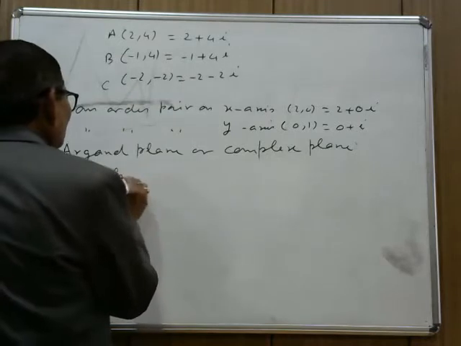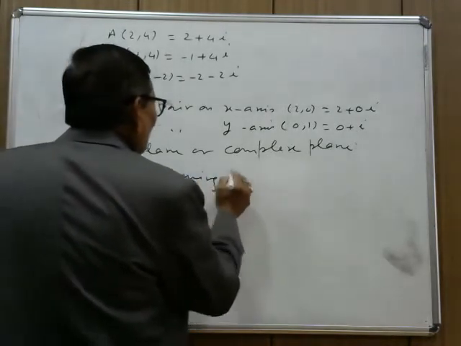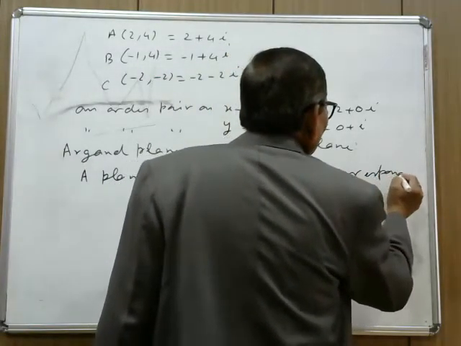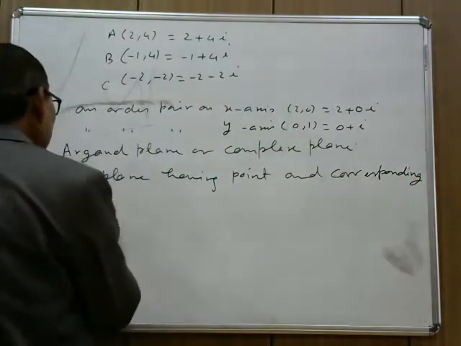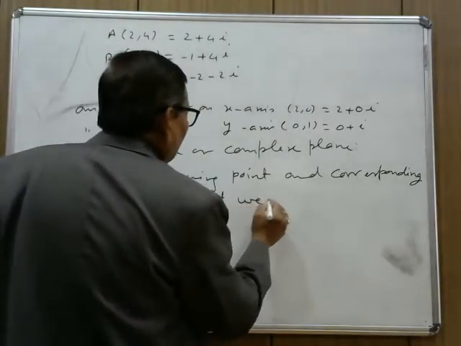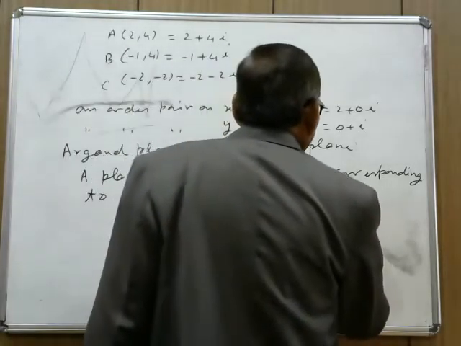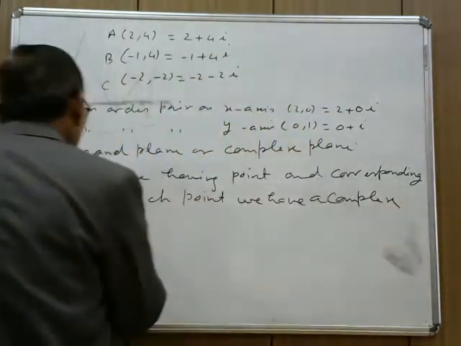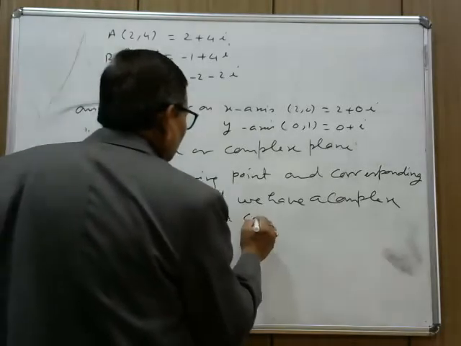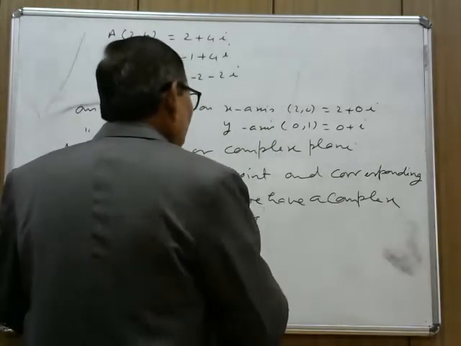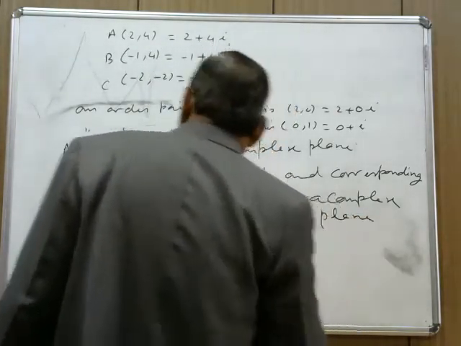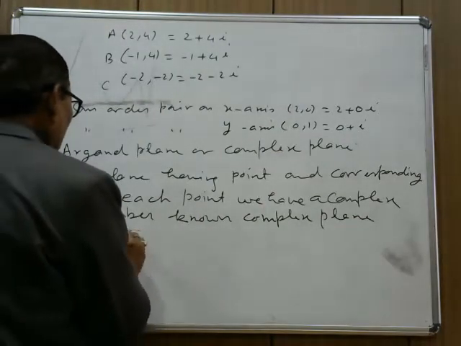A plane having points, and corresponding to each point, we have a complex number, known as the complex plane or Argand plane.